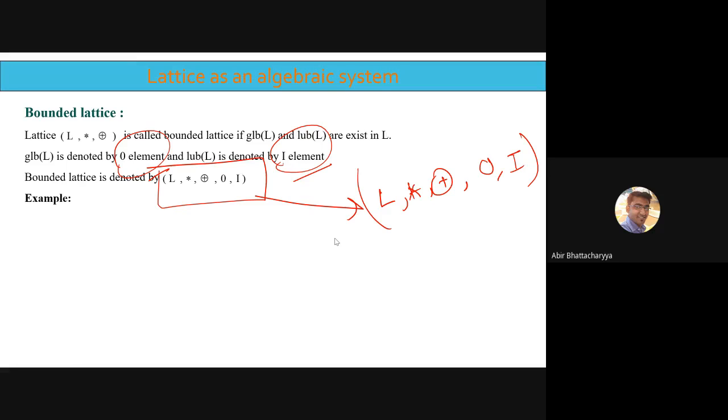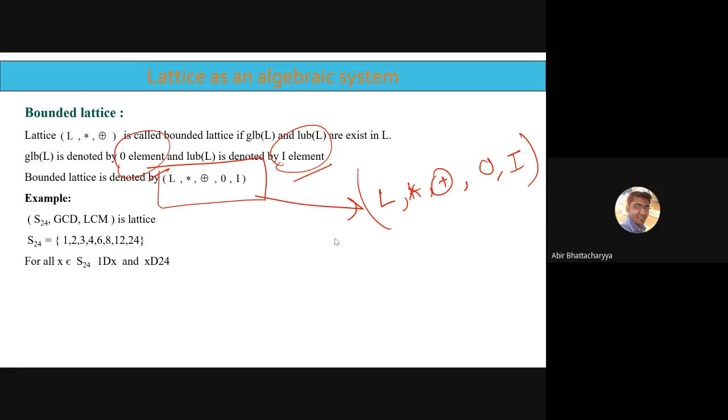Now I will let you know how to calculate the 0 element and I element. We all know that (S24, GCD, LCM) is a lattice. Now what is S24? S24 is 1, 2, 3, 4, 6, 8, 12, 24. Eight elements are there.